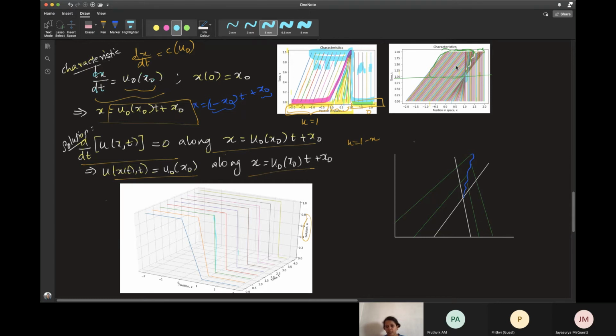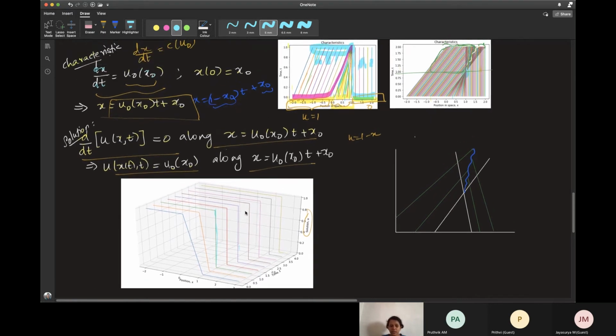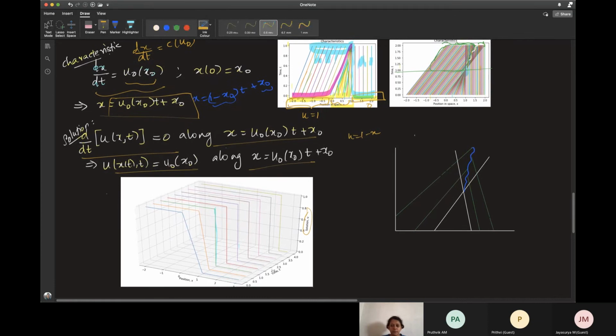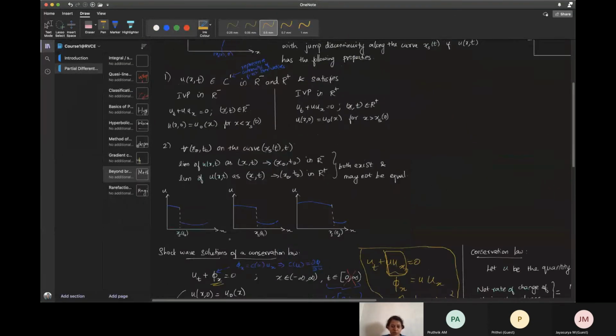So this discontinuity will move with some specific speed. What we have done is identify the speed of this discontinuity by using the expression which we got.